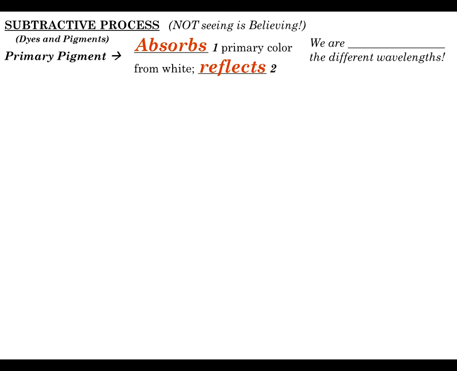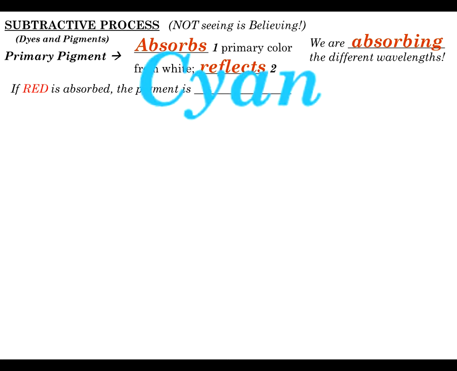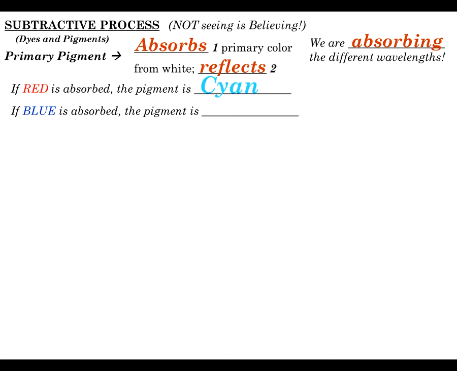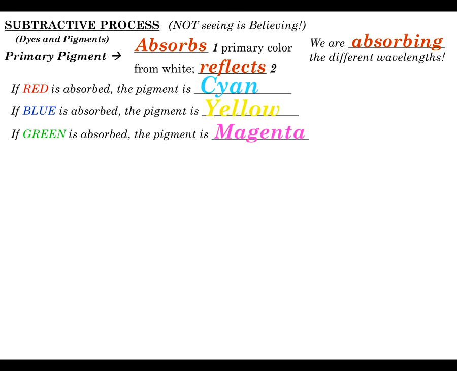So two of them are being reflected, one is being absorbed. What's going on here? If red is absorbed, the other two are reflected, and the pigment is cyan. If blue is absorbed, the other two are reflected, and that pigment is yellow. If green is absorbed, the other two are reflected, and that pigment would be magenta.